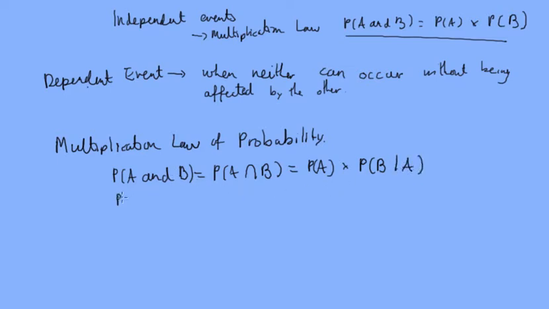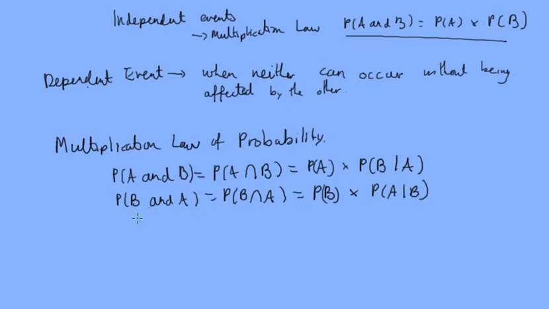And the probability of B and A is equal to the probability of B multiplied by the probability of A given that B has occurred.